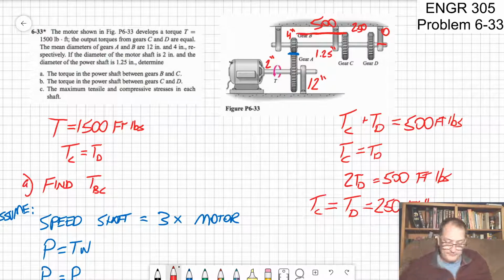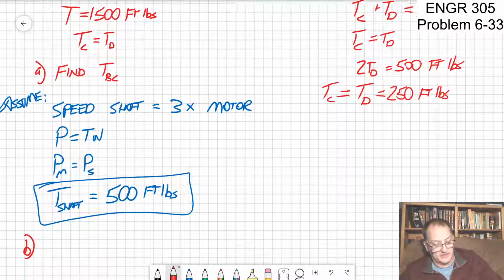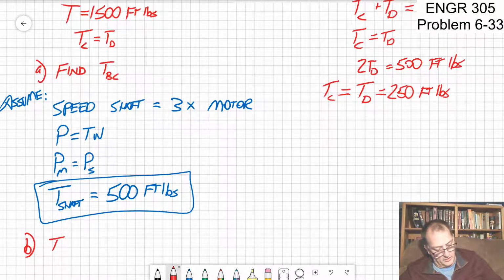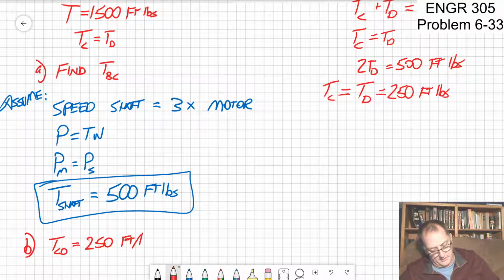All right? So the torque in the power shaft between C and D is equal to 250 foot-pounds. Sorry.